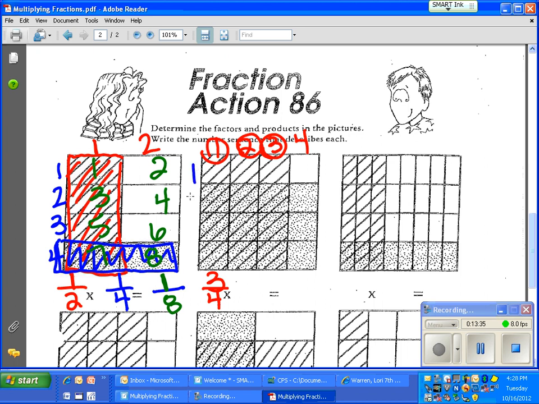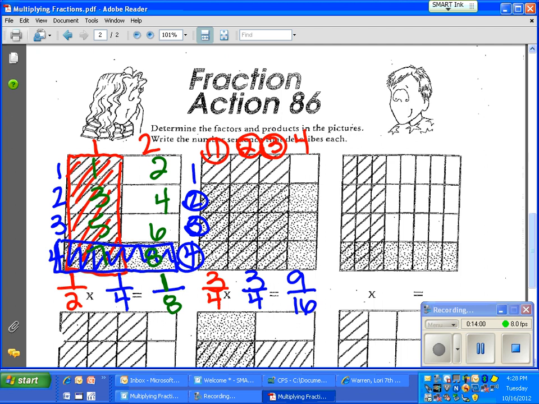We have 1, 2, 3, 4 rows. So that's our denominator. And how many are dotted? 1, 2, 3 are dotted. Okay, so there are 16 little squares, and only 9 of them are dotted and striped.